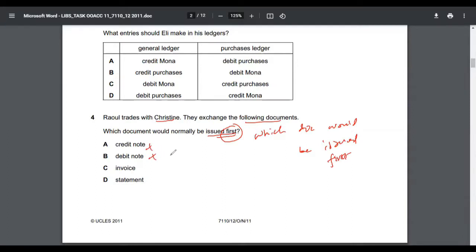Debit note, no, again, it's way after the transaction. Invoice, yes. Statement is again at the end of the month or year, and it summarizes all the transactions. So option C is the correct answer for multiple choice 4.